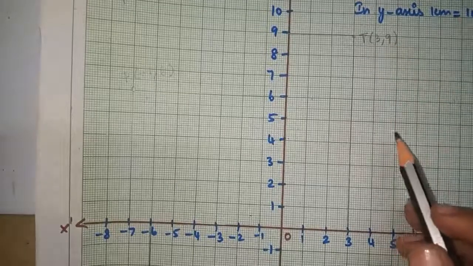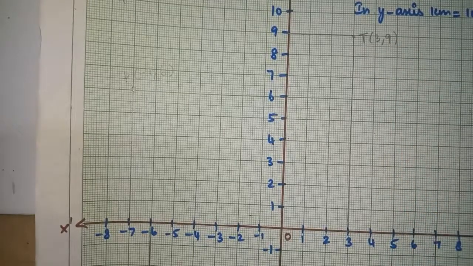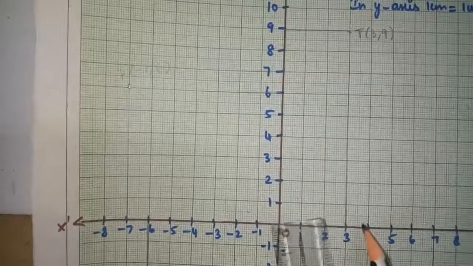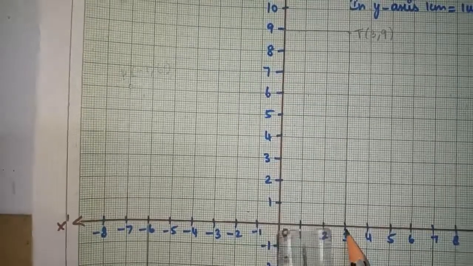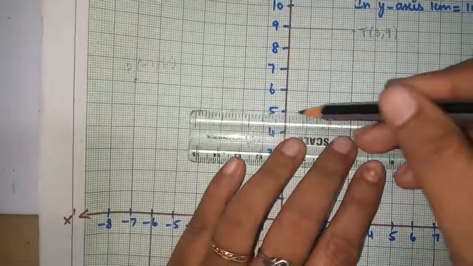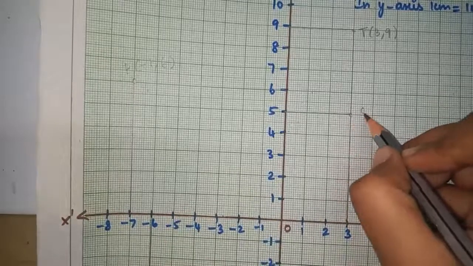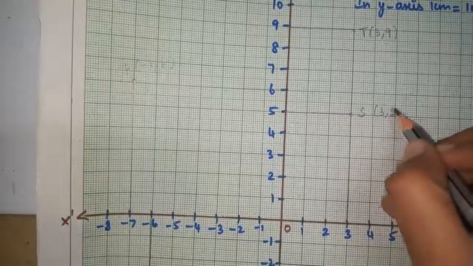And again another point is 3, 5. So you can see here you have the point 3, and 5 is in the y-axis. So this is your point S of 3, 5.